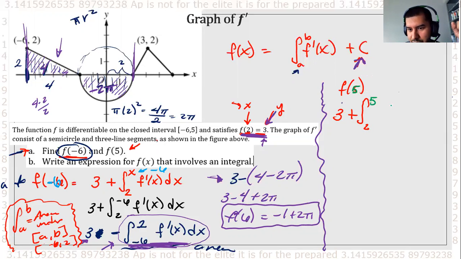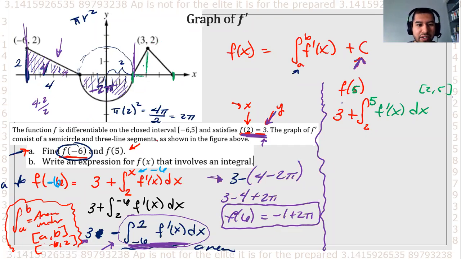Because that's the number they gave me. So I'm looking for the area on the interval from 2 to 5. So I'm looking at this area from 2 to 5, and I believe I can split it into 2 triangles right here, if I'm not mistaken.